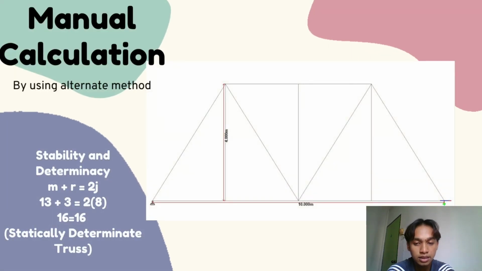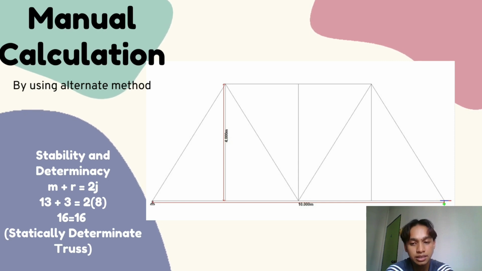By using the data gained, we can check the stability and determinacy by following the formula M plus R equal to 2J. So 13 plus 3 and 2 times 8 is equal to 16. We can conclude that the structure is a statically determinate truss.